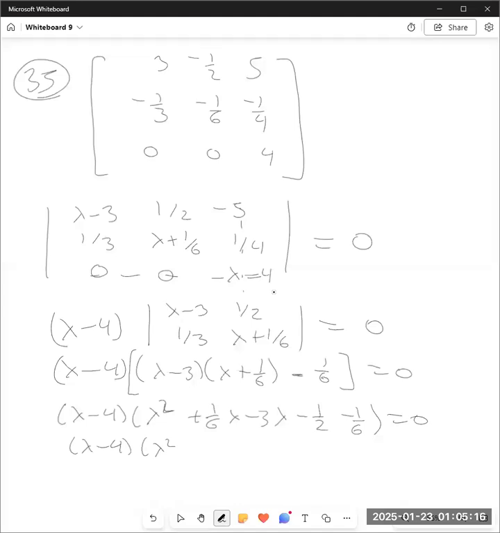So 1 minus 18 over 6, that's minus 17 over 6 lambda. And then -3/6 minus 1/6 is -4/6. So that's minus 2/3 is equal to 0. And I have a sneaking suspicion that we have a quadratic equation here that we're going to need the quadratic formula for. Let's look at that in just a second.